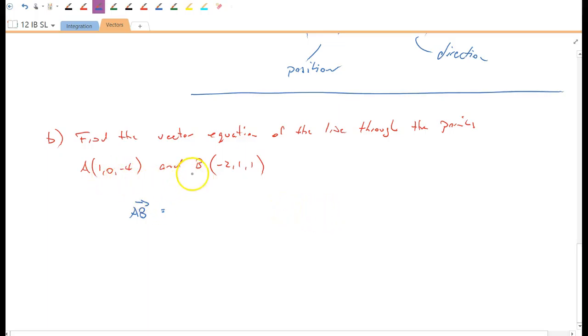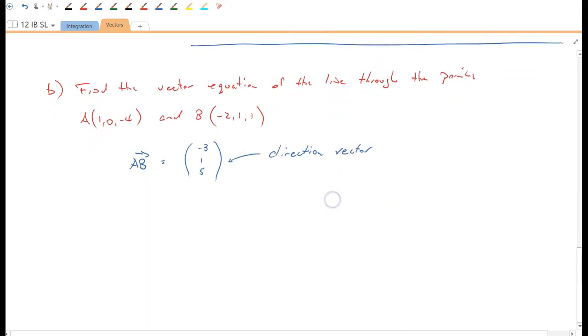So I'm going to go with AB, which means my direction vector is from 1 to minus 2, so I'm going minus 3. So if you like, minus 2 minus 1, 1 minus 0, and 1 minus minus 4. So that's my direction vector. Now my position vector can be either A or B. It doesn't matter which one I use.